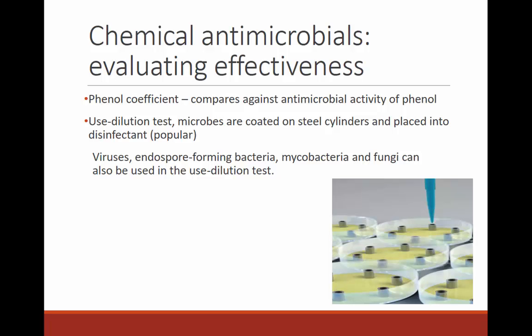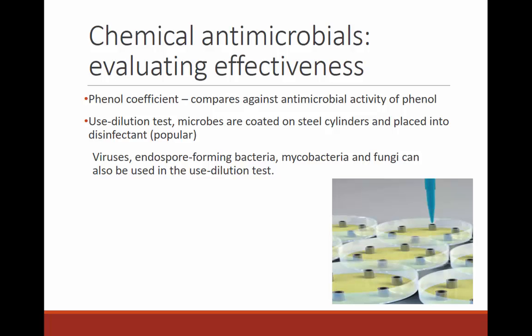So what's called the phenol coefficient. Phenol, or carbolic acid, was discovered in 1867, and it was shown to be a very good disinfectant in those times. Okay, so now it was used as the gold standard. So we don't typically use a lot of phenol by itself these days, but we can use that to produce equivalent or ratios of the phenol, so produce the phenol coefficient.